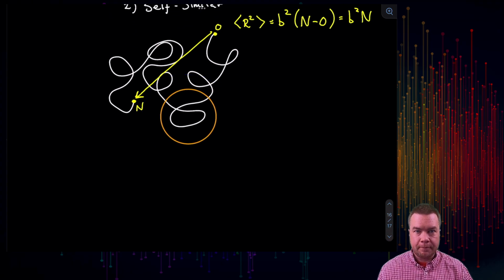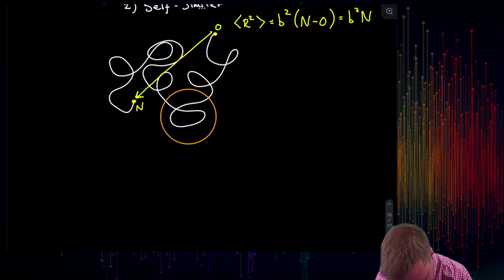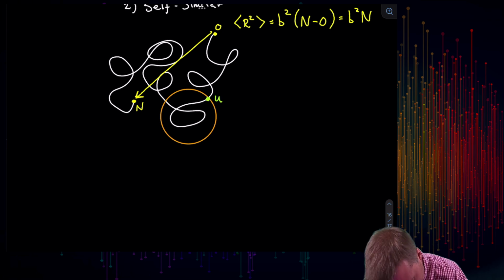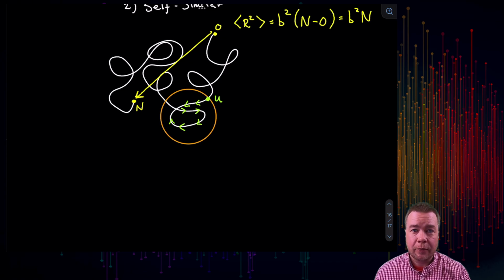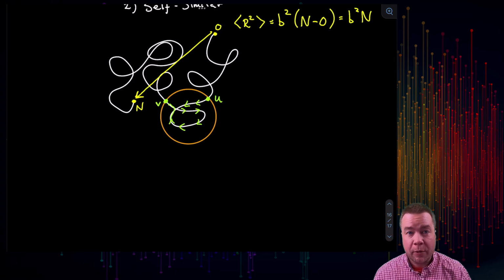Okay, sorry. So if I want to calculate the end-to-end distance of this part of the polymer that's inside this region, then let's say the chain starts here. That's the start of the chain that enters that region, so this would be monomer u. And then the chain traces around, and then it leaves over here at monomer v.